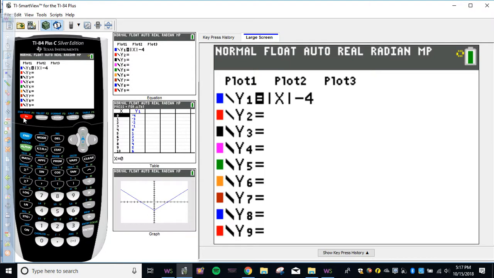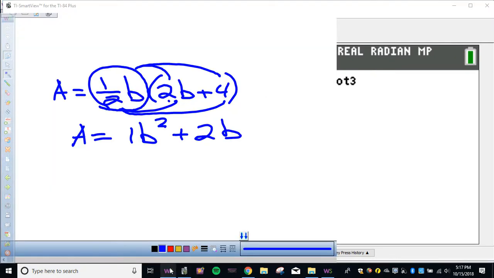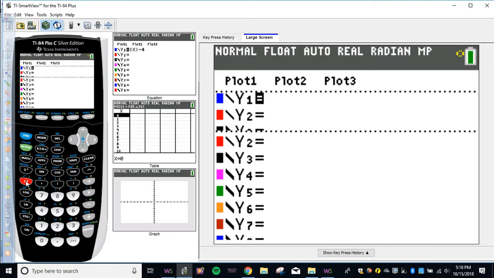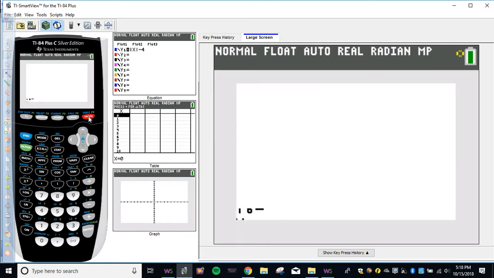I'm just going to show you on the graphing calculator so you can see b squared plus 2b. I'm going to plug that in. I'm just going to use x instead. That's what the calculator understands. Then we're going to look at what that graph looks like. So clearly nonlinear. This is a parabola.